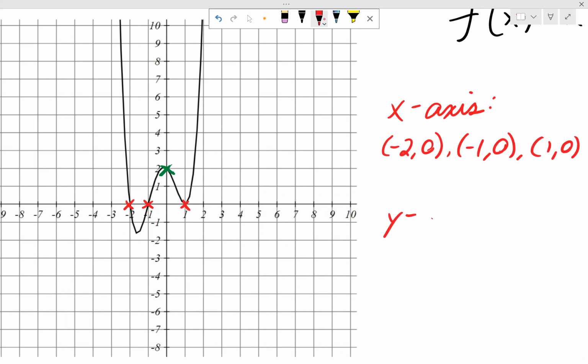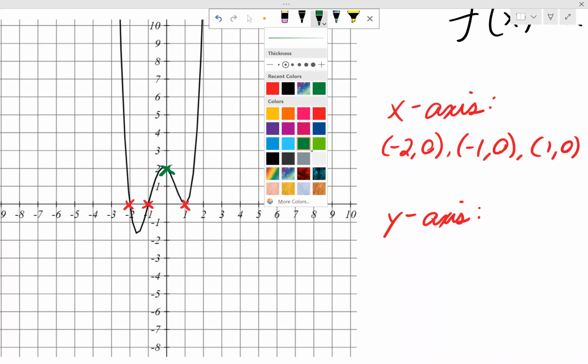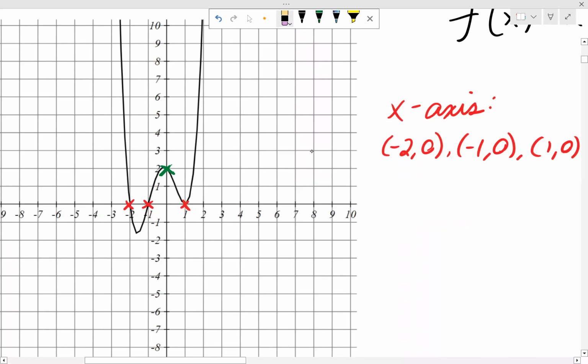And it crosses over the y-axis just at that one point. Let's use our dark green again. It crosses over the y-axis at the point 0, 2.